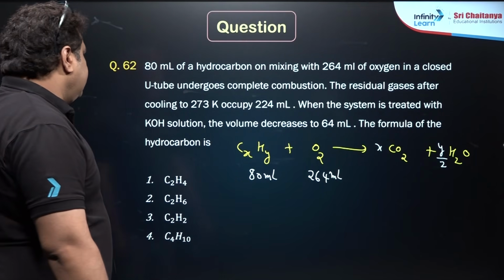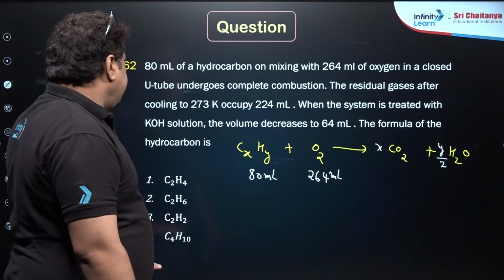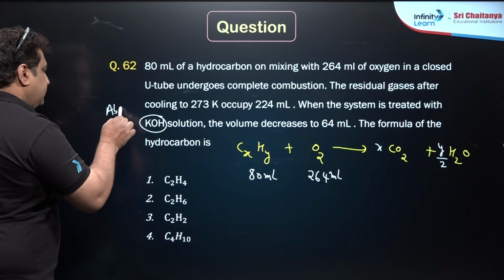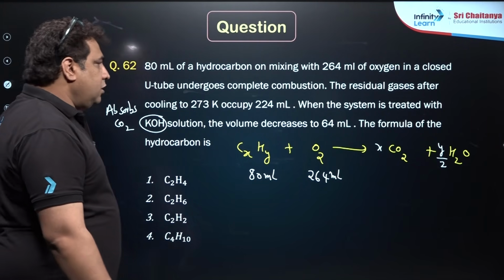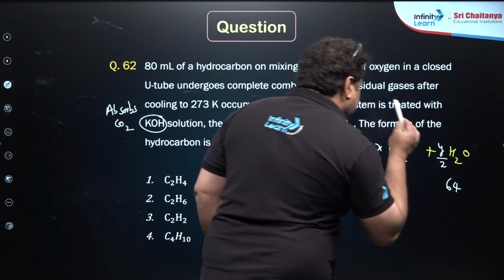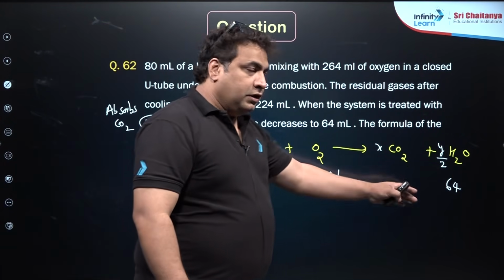The residual gas after cooling occupies 224 ml when the system is treated with potassium hydroxide. So, what will potassium hydroxide do? It absorbs carbon dioxide. The volume decreases to 64 ml, that means 64 ml should be who? Water.